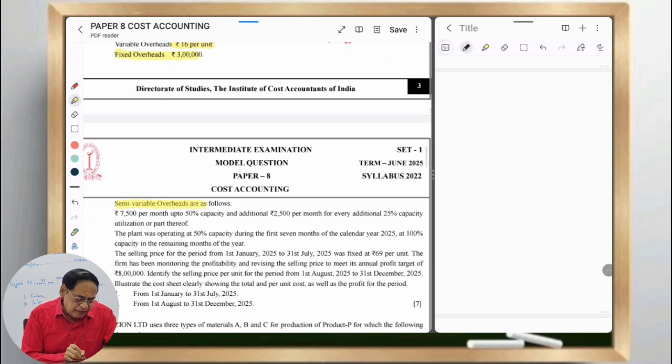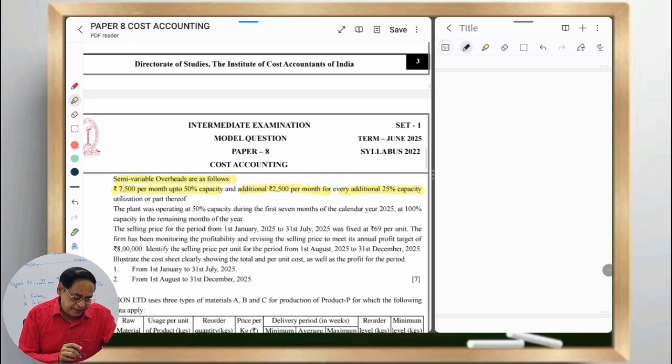Semi-variable expenses, some part will be fixed and then remaining part will be variable. So, semi-variable overheads 7,500 rupees up to 50% capacity and additional 2,500 per month for additional 25% capacity utilization. The plant is operating, this is important, at 50% capacity during the first 7 months.